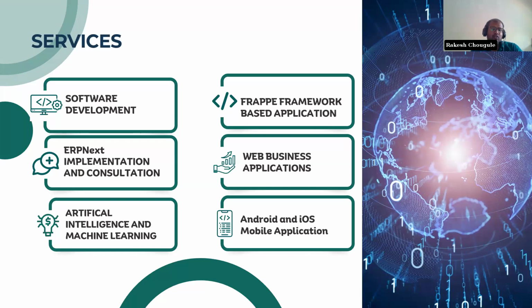And we are currently working on artificial intelligence and machine learning specifically for the foundry industry for quality inspection, based on visual inspection and all things. Are you into statistical process control? Yes, we are working on that also.